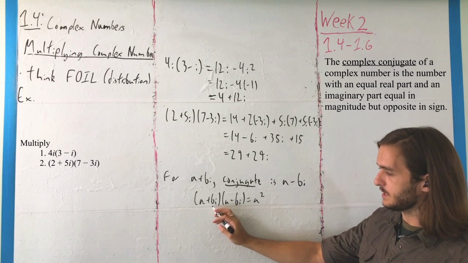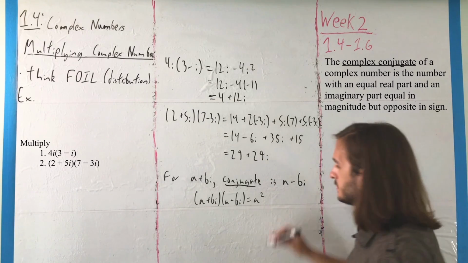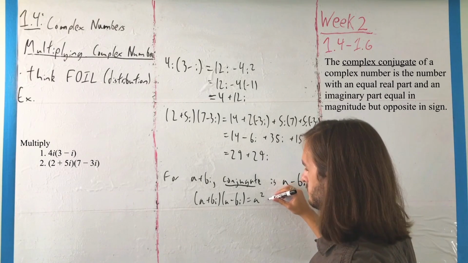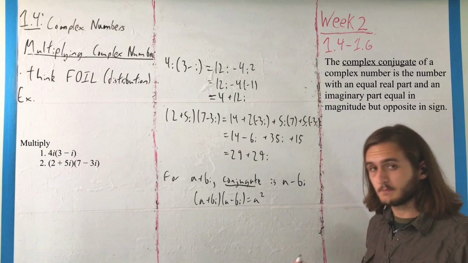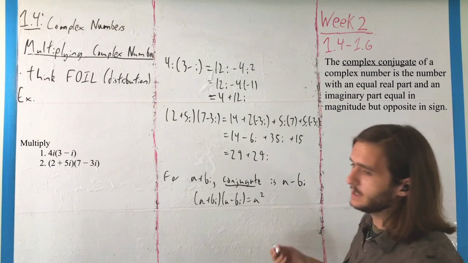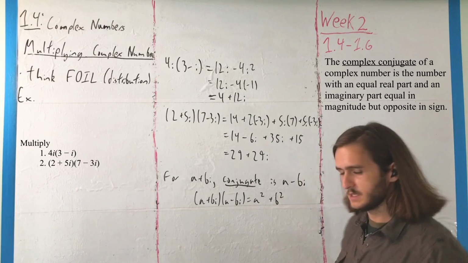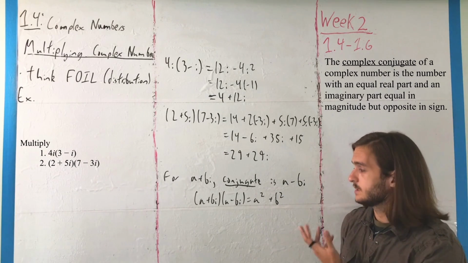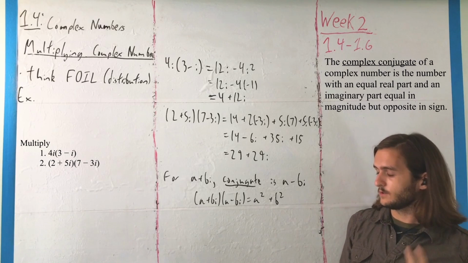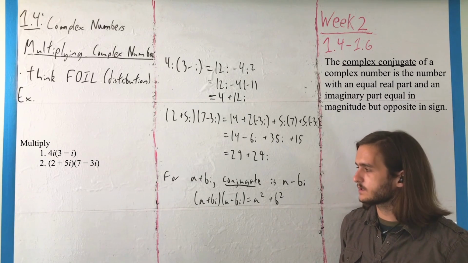You have an a times bi minus an a times bi, so no middle terms for us. That gets killed. And then here you would have bi times minus bi, so you get minus b squared i squared, or plus b squared. So that multiplication by the conjugate gets rid of the imaginary term. You're just left with a squared plus b squared, in the same way that the difference of squares works.